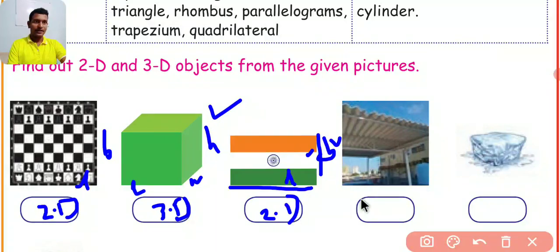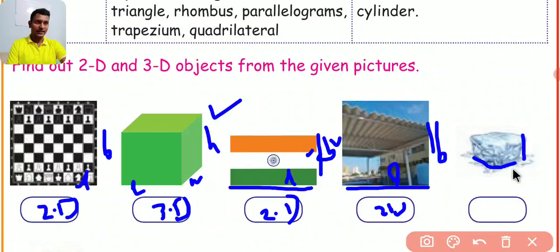Here we have one photo. It has 2 dimensions, length and breadth. So this is 2D. This shape has 3 dimensions. This is length, this is width, this is height. L, W, H. Therefore it is 3D.